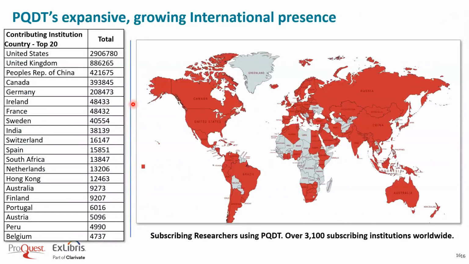Okay, this is the coverage. From of course the US, where most of the new emerging topics can be found as well. In the US, UK, and of course Asia: China, India, and Hong Kong, Europe, Middle East, and South Africa. And like I said, it has been expanding in Southeast Asia.